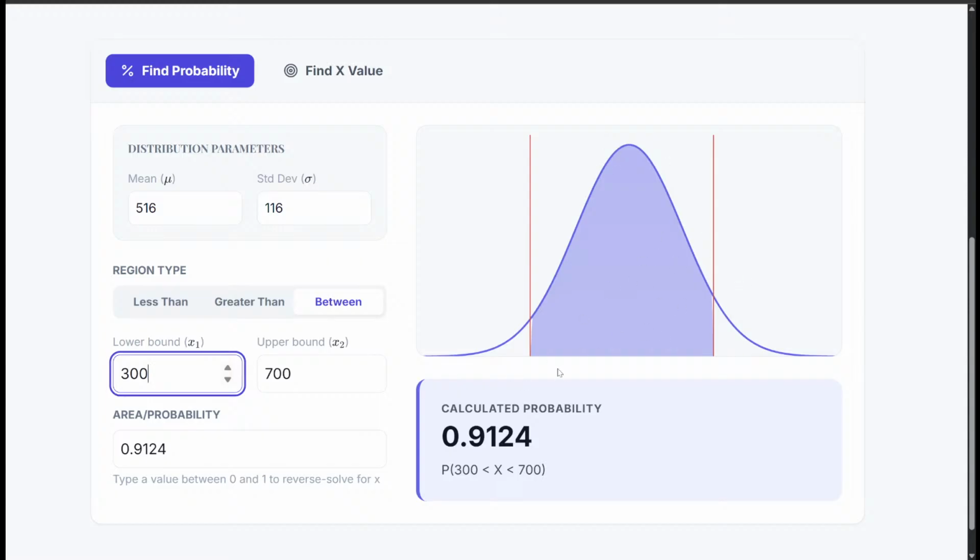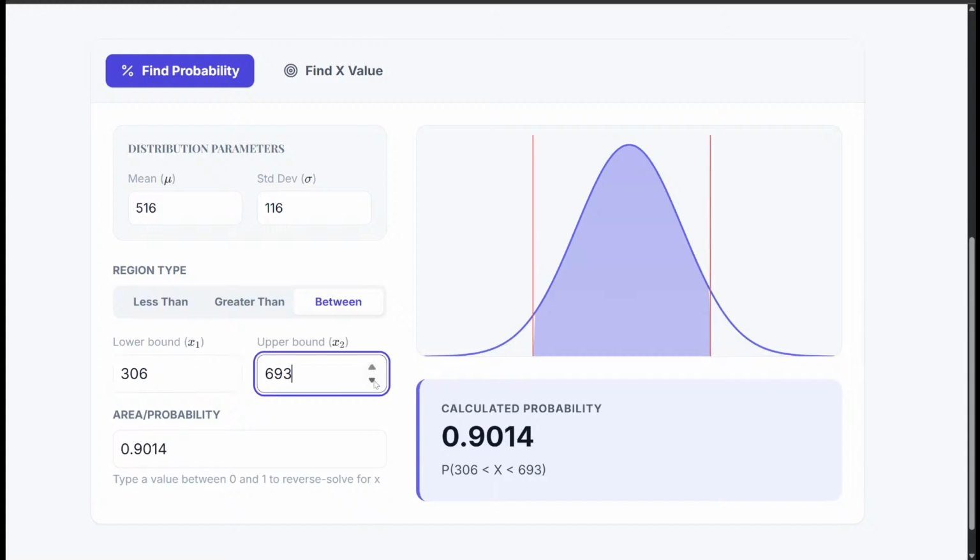I want 90% in the middle here. So how are we going to do the calculations for this? Yes, we could sit here and keep playing with the numbers so we can get 90%. But how do I know that's exactly the right split? I don't.